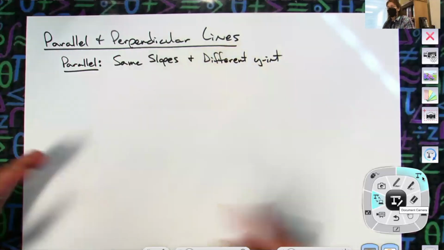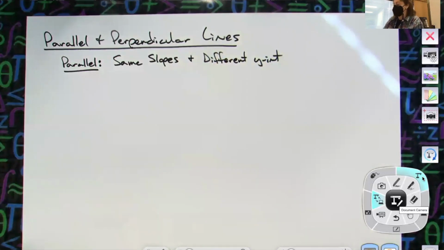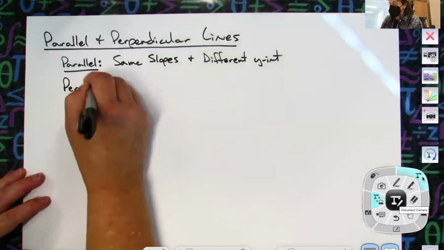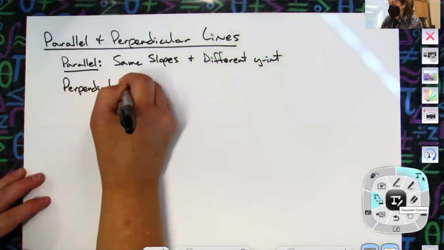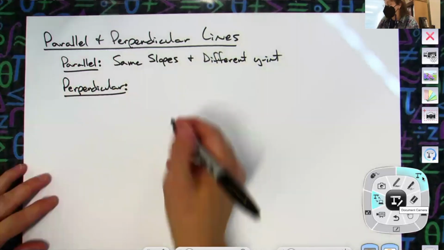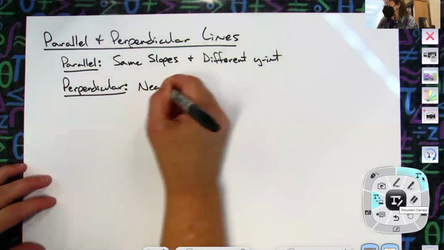Now, perpendicular lines: what's the deal with those slopes? They are negative reciprocals of each other, so flip them around. One's going to be positive, one's going to be negative. So negative reciprocal slopes.